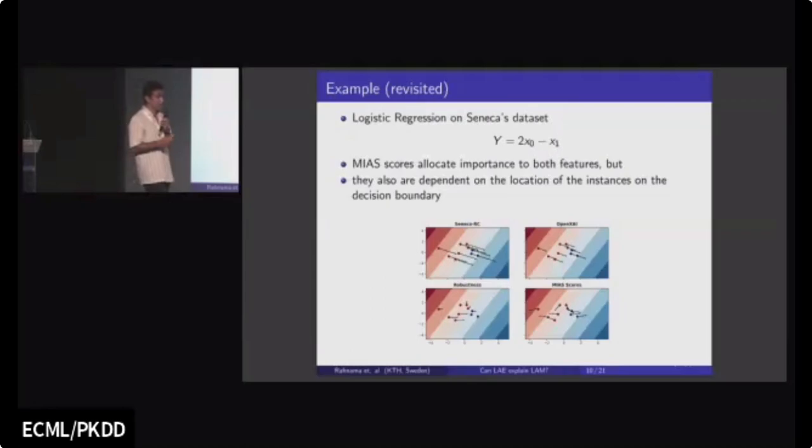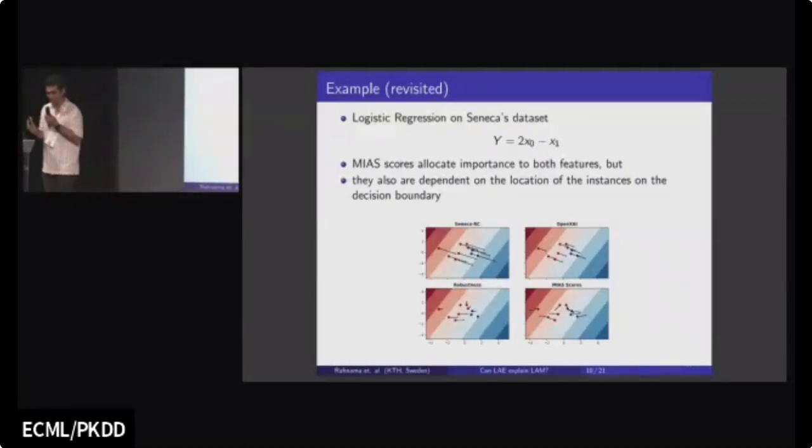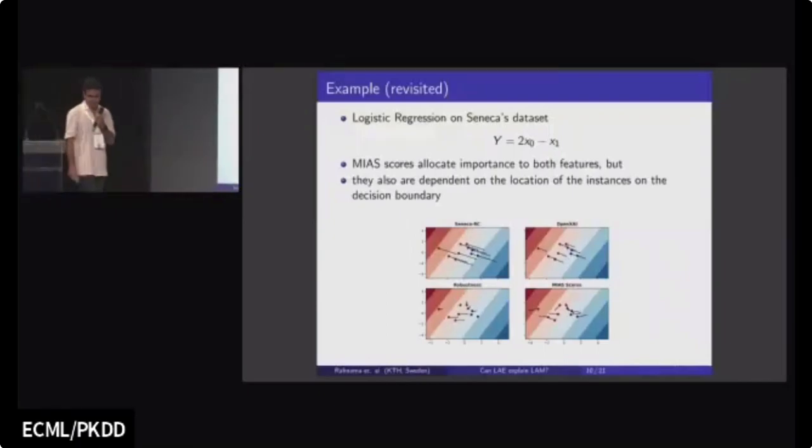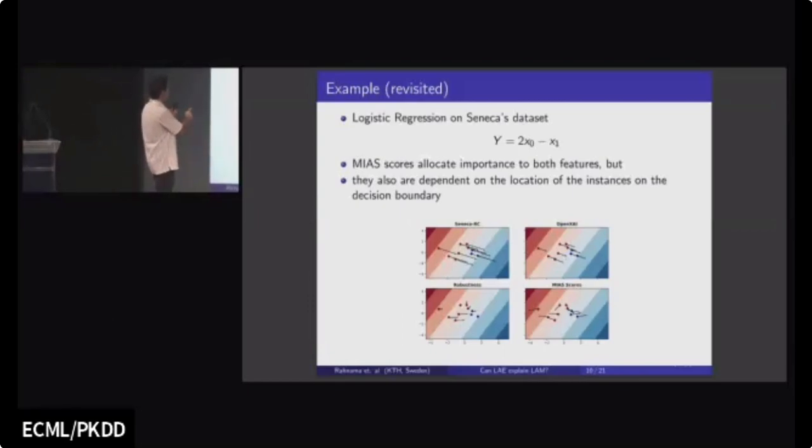So they're faithful to the model. But I'm hesitant to say there's a geometrical interpretation. It's just stretching it. But they're different. They're local. So they don't fall into the trap of Seneca RC and OpenXAI, nor the fault of robustness. And in the MEOS scores, you see that both features are important.